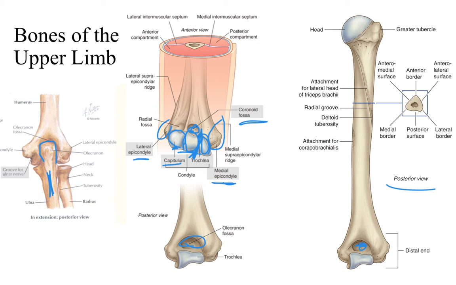And you can actually feel that olecranon process at some point fitting into that olecranon fossa. It's kind of a neat thing. I can show you how to do this in lab, but it's one way to actually feel the function as opposed to seeing it. And then I also recommend putting these bones together and seeing how they orient with each other.